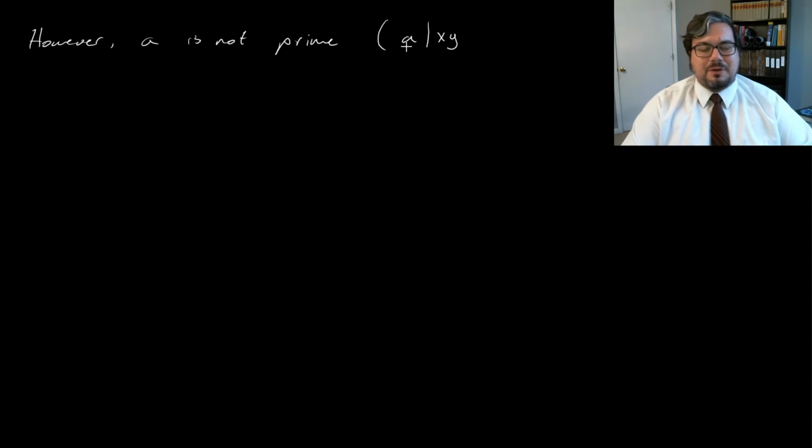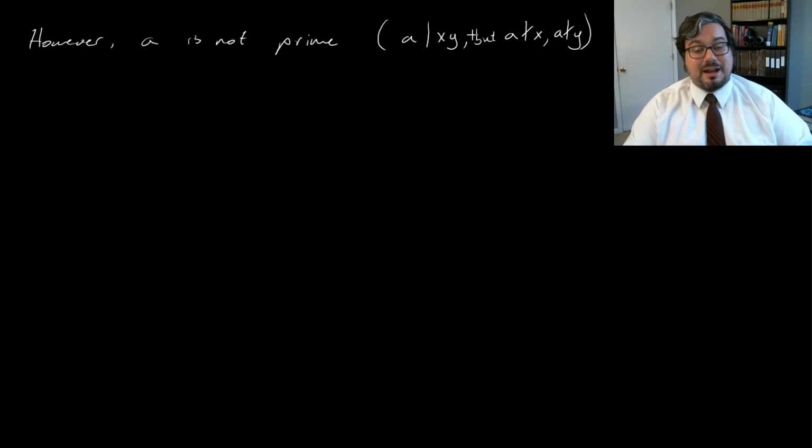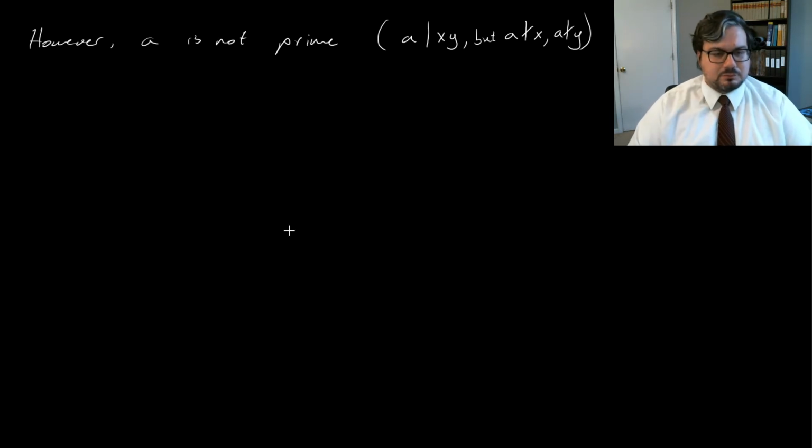We're going to find an x and a y such that a divides xy, but a does not divide x and a does not divide y. This will show that a is not prime, because a prime element would say that if you divide a product, then you have to divide one of the factors in that product.